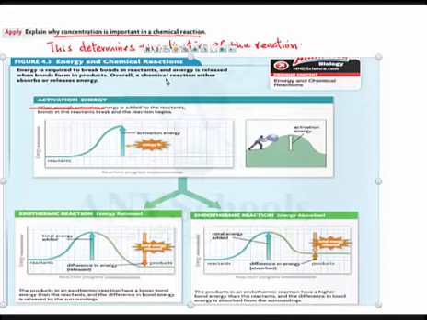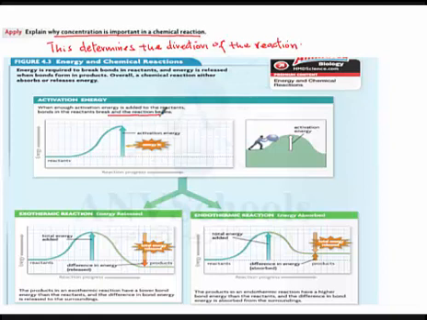Before any chemical reaction takes place, enough activation energy must be added to the reactants. That's when the bonds in the reactants break and the reaction begins. So reactions cannot begin unless we have activation energy.